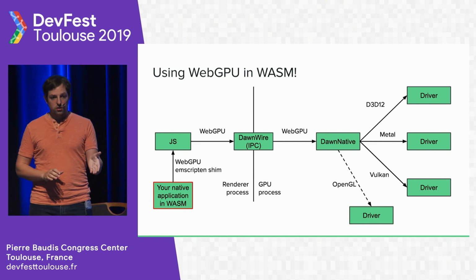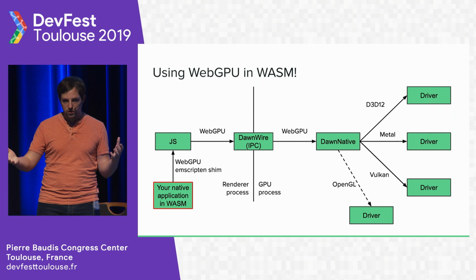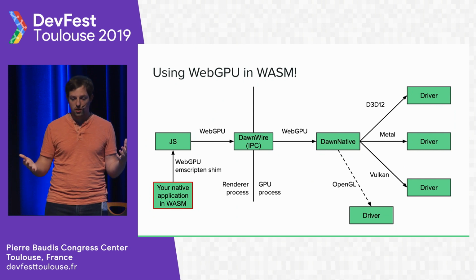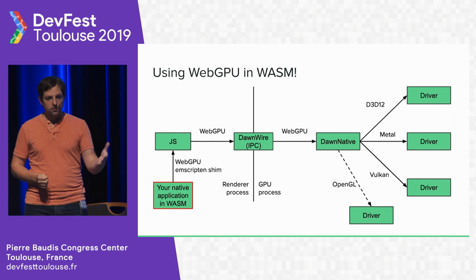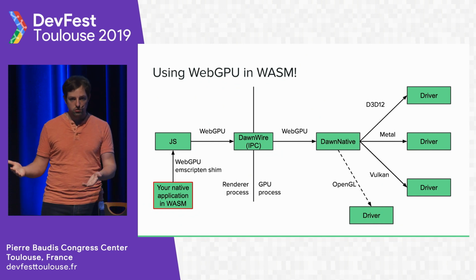And the reason we can do this is because the API of dawn native is the one-to-one equivalent of the JavaScript API. And actually, dawn native is not the only library you could do this with. Mozilla has their own library written in Rust called WGPU native that exposes the same interface as dawn native, so you could build on top of that as well.